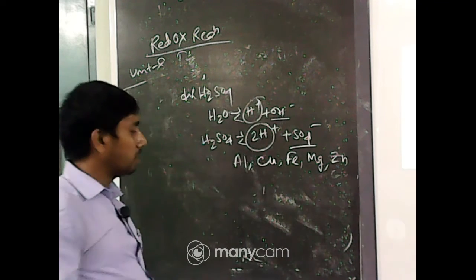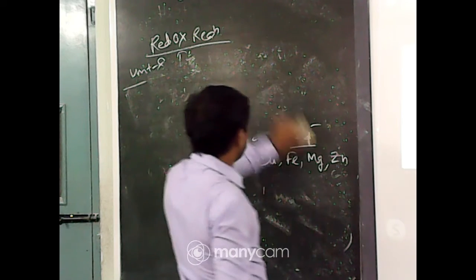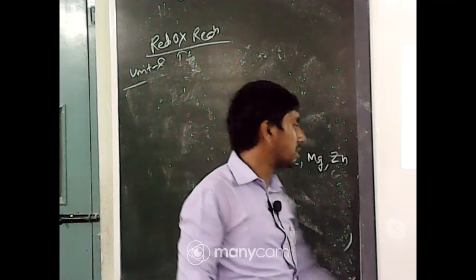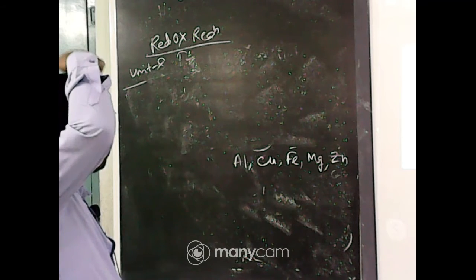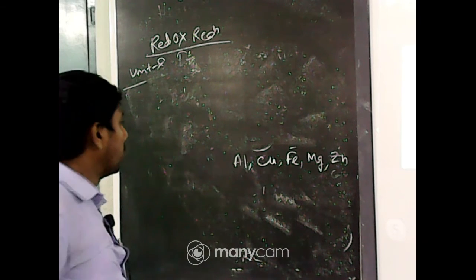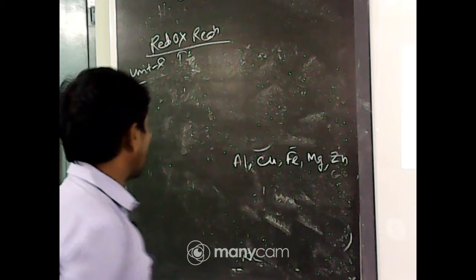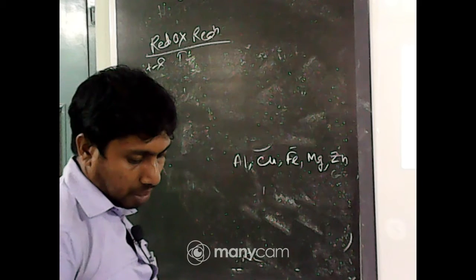We have to answer it using the electrode potential or the position of the metal in the electrochemical series. The more reactive metal will substitute the other from the salt.